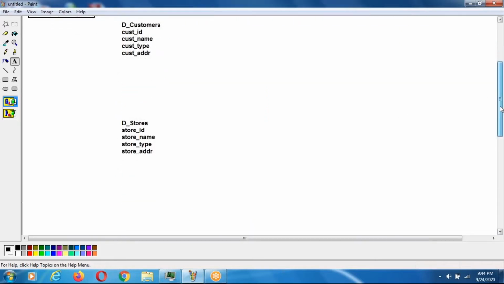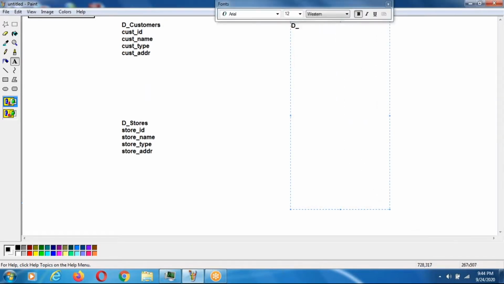Similarly, I'm having a set of dimension tables like D underscore products. This table is consisting of product ID, product name, product subcategory ID, product subcategory, product category ID, product category.